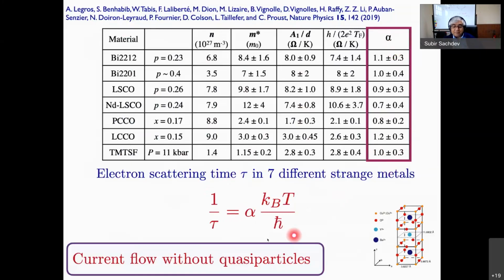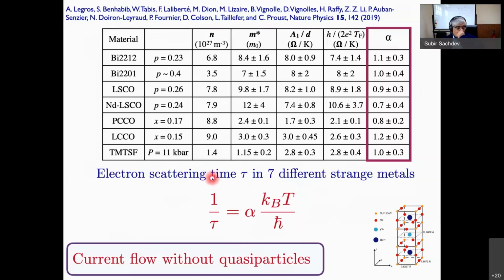Okay, so this is then one of the major puzzles we'd like to understand. Why do metals have this strange metal behavior where this relaxation time as measured by transport is just h bar over kT, independent of the underlying microscopic scales?